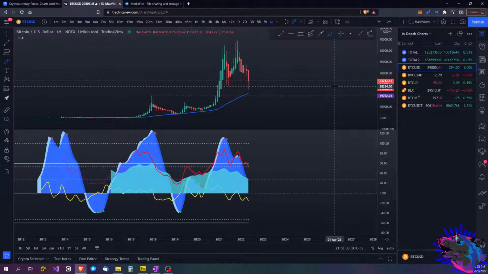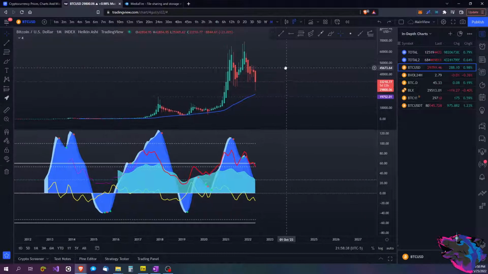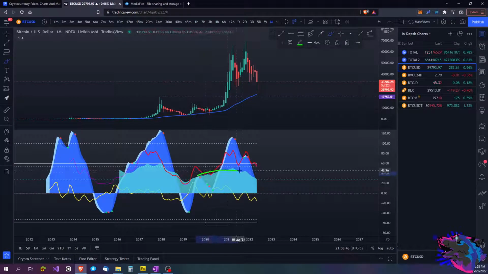But I find that interesting, because if this were on a smaller time frame chart, you'd feel a certain kind of way about it. And that way is pretty much downward. Also keep in mind, money flow curving down.